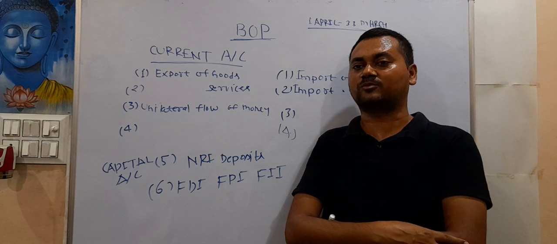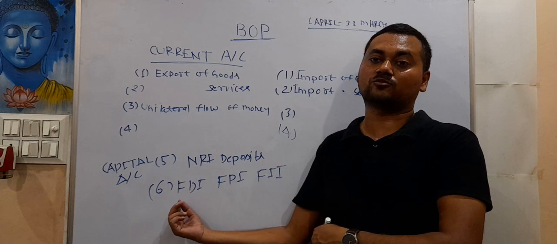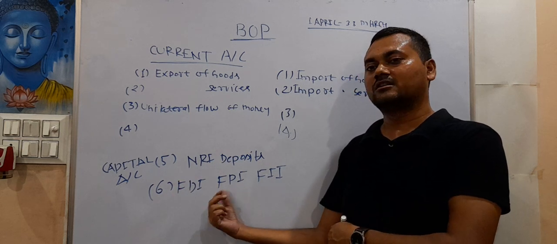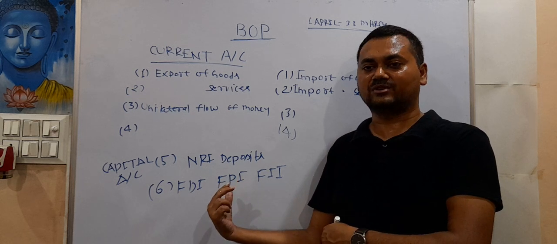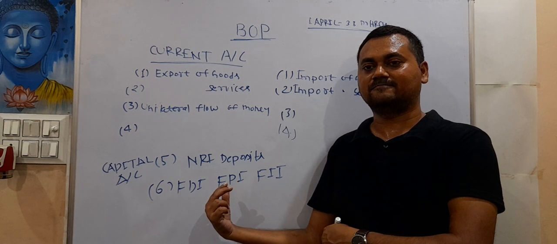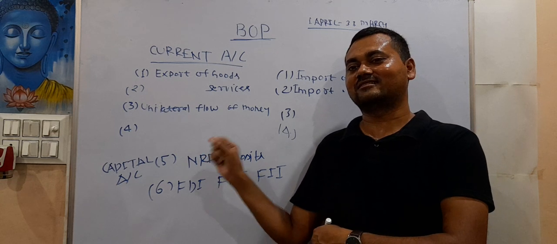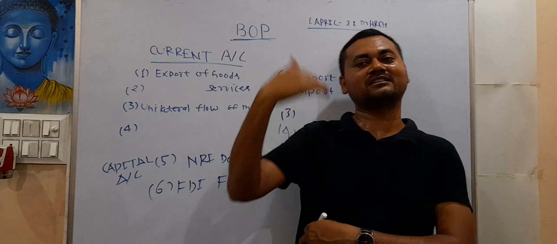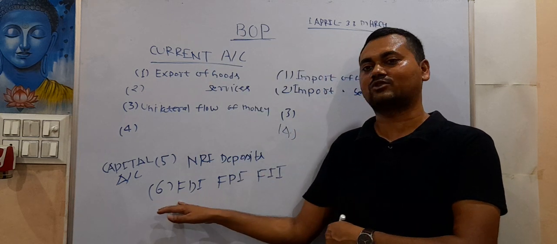It is not practically possible. So that's why it is also called stable money, at least in comparison to foreign portfolio and foreign institutional investment, because with a single click on the computer, your whole money can be moved elsewhere, but this is somewhat difficult.